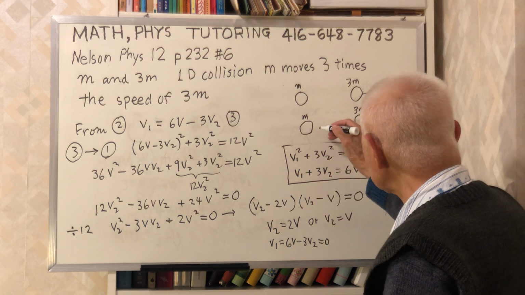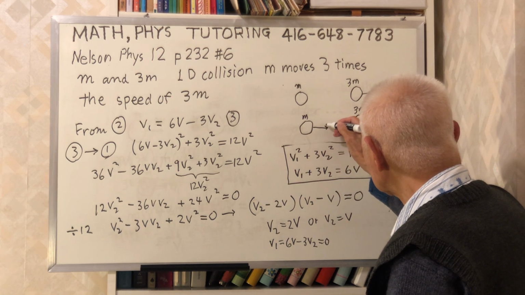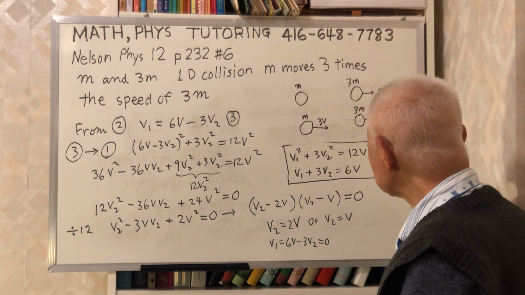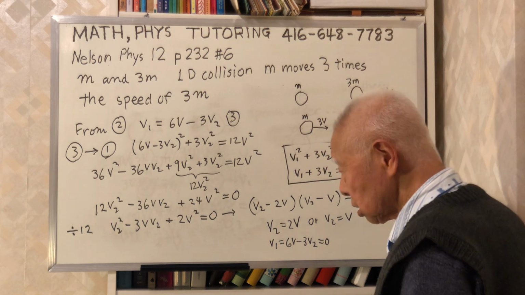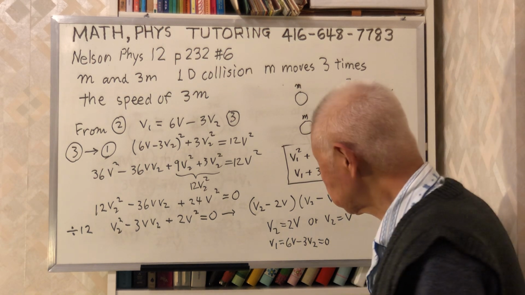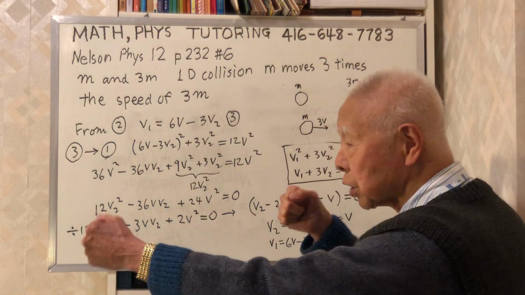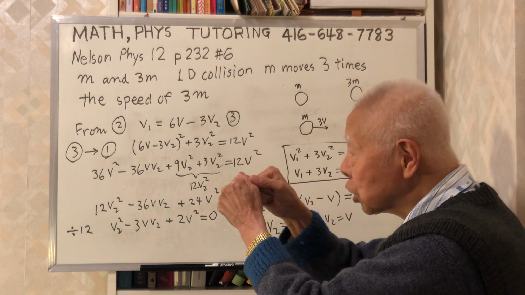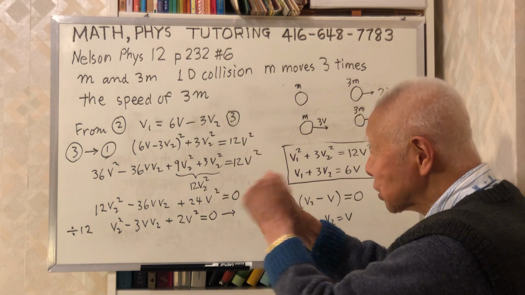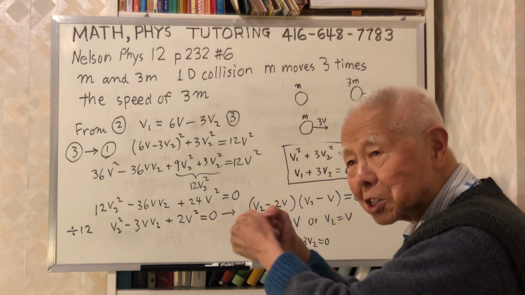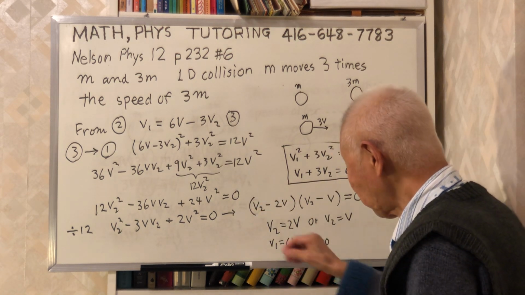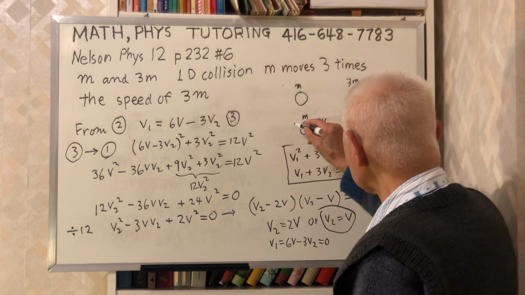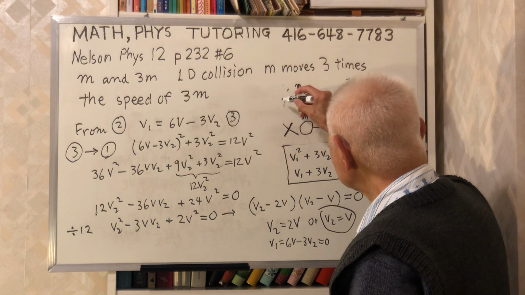So v1 equals 3v. So after collision, this one moves faster than that. But that is not possible. After collision, they are together. At the instant they make collision, this will move faster than that in the same direction. How can this be possible? That's not possible, all right? So this second answer is not possible. So this is the answer.